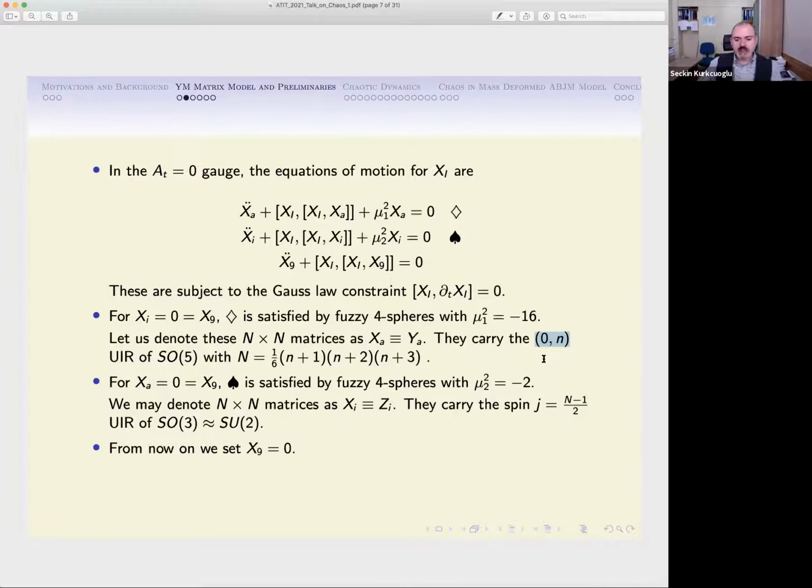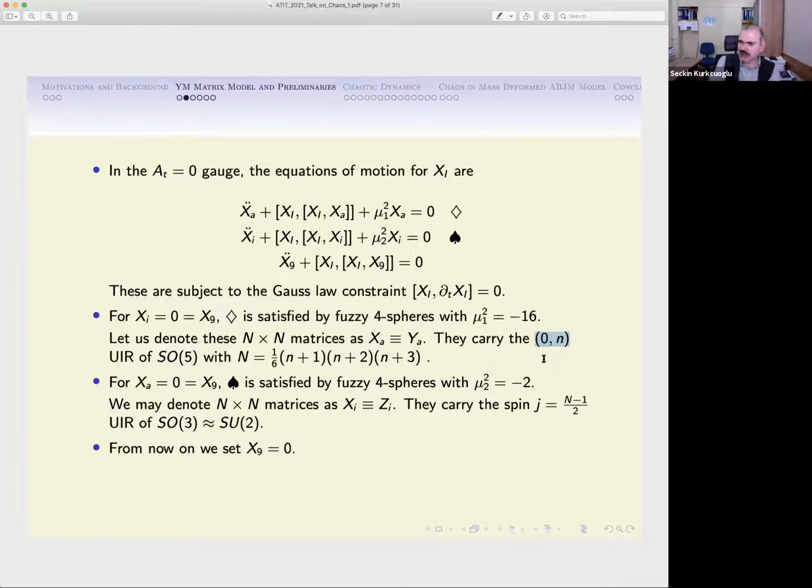Yeah, I didn't go into any of these in these slides. It's fine, but that was helpful. Thank you. Yeah, so this (0,1) representation, the four-dimensional representation, is constructed using the Euclidean gamma matrices.